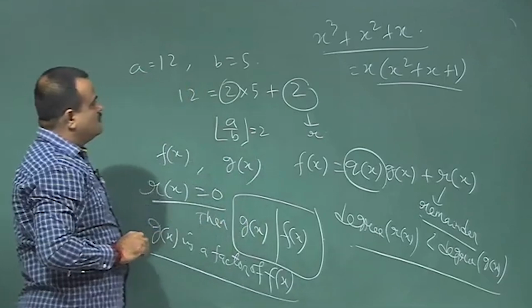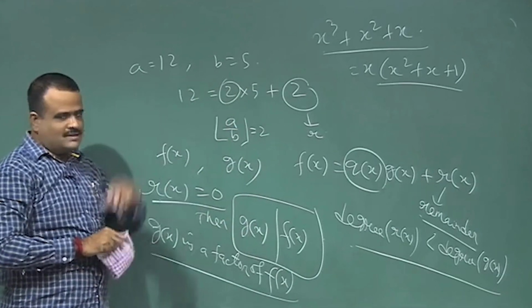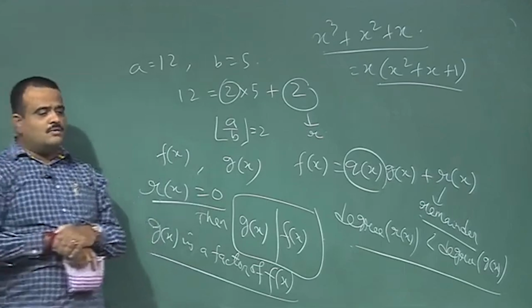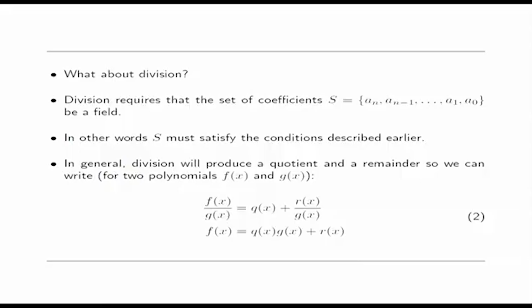So there exists a g(x) that divides f(x). A polynomial is irreducible if it has no factor. Okay. So, let us come back to the division.